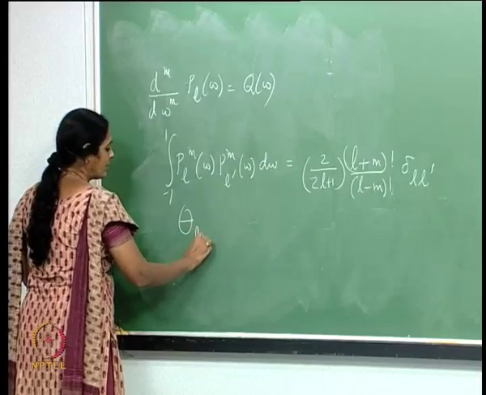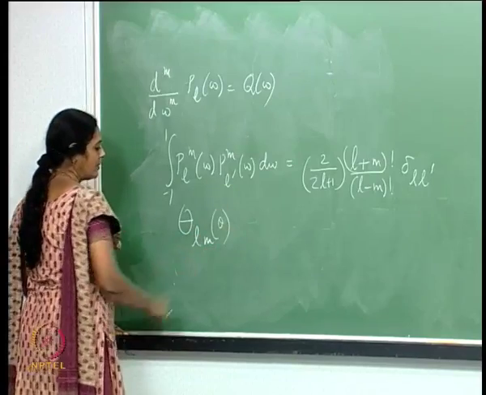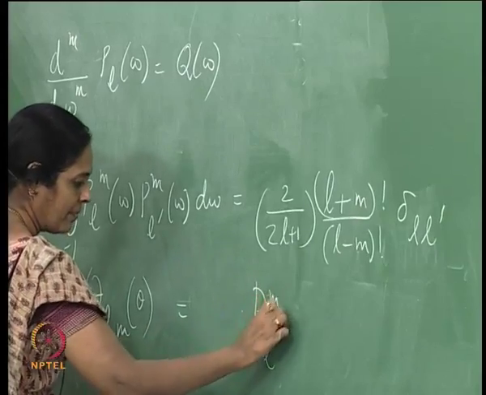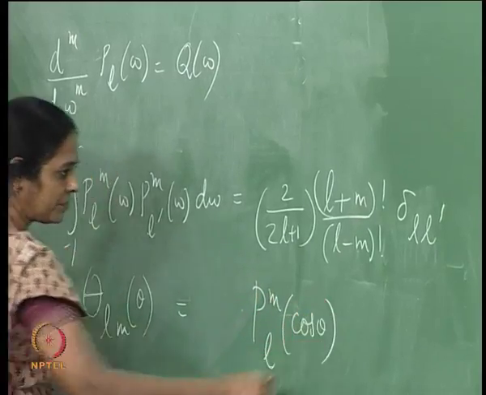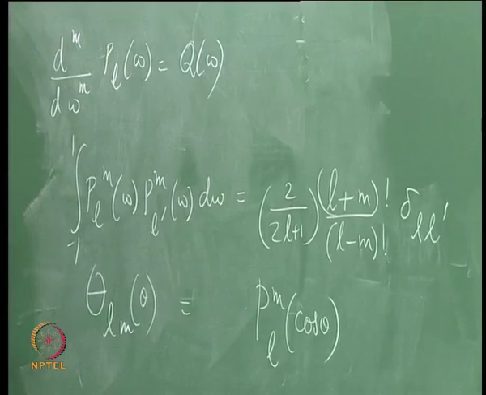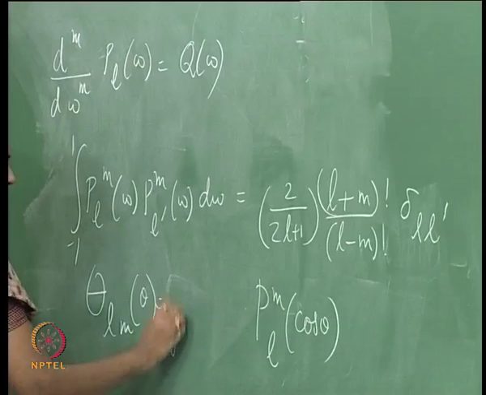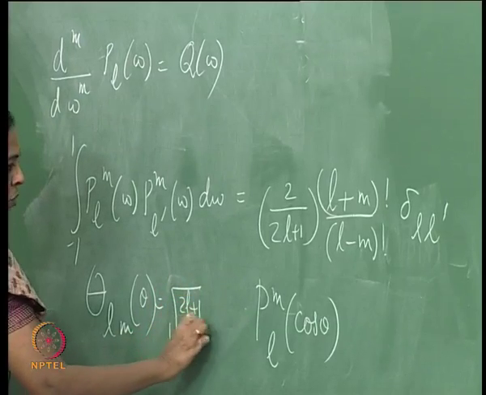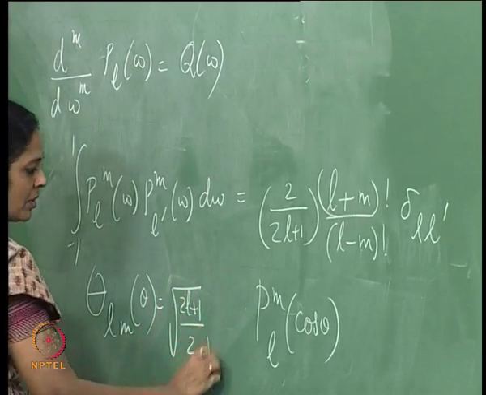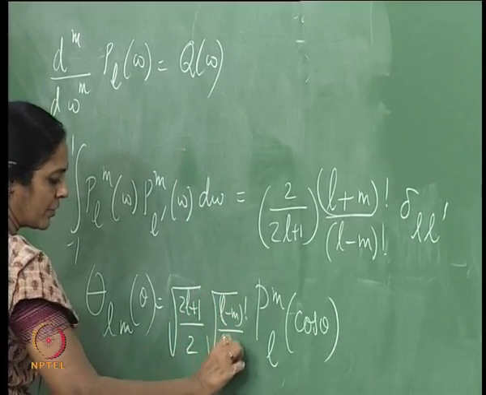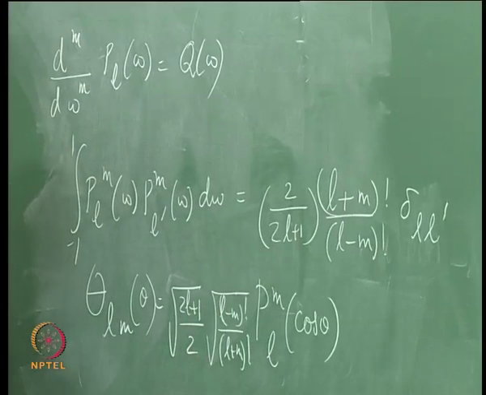I define a theta Lm of theta, which is of course PLM of cos theta, but in order to have the normalization straight, this would be root of 2L plus 1 by 2, root of L minus m factorial by L plus m factorial, PLM of cos theta.